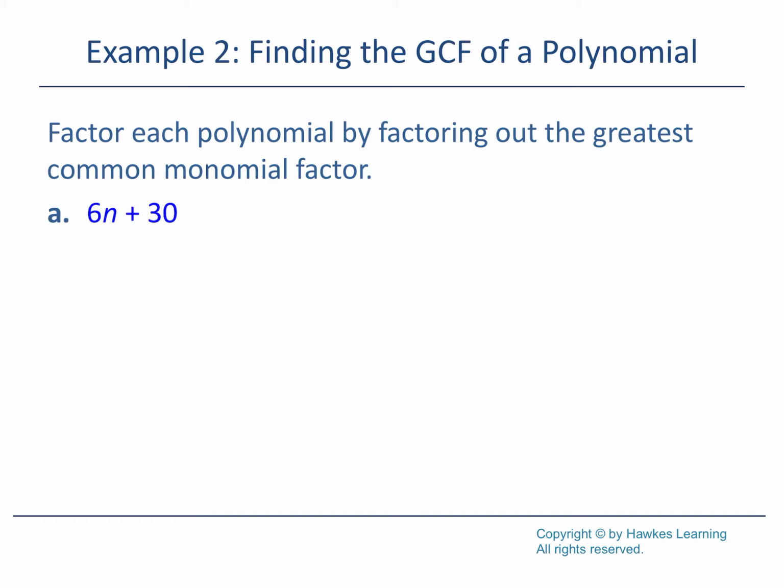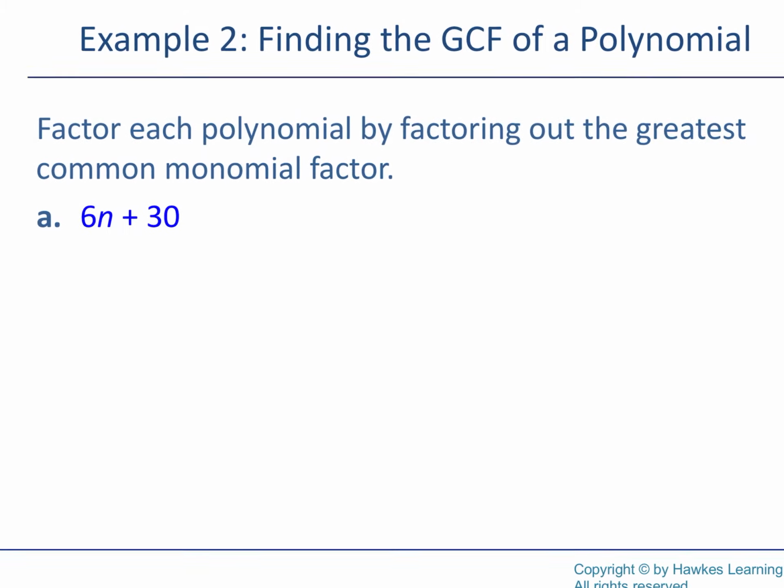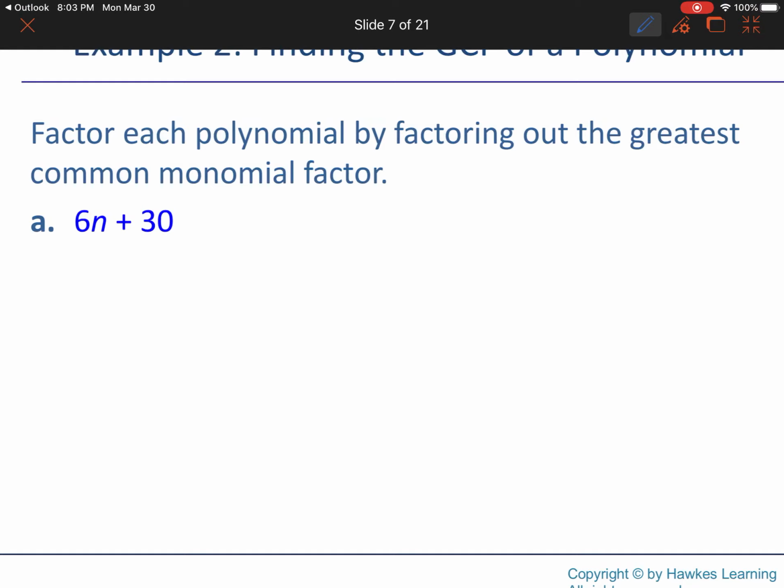So we can look here and think, well, there's only one variable, so there's not a variable in common. It's just going to be in the numbers, right? And 6 is 2 times 3, and 30 is 5 times 6, and 6 of course is 2 times 3, but actually once I found that 6, that would be all I needed, right?